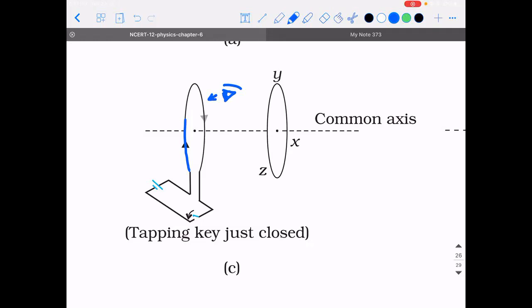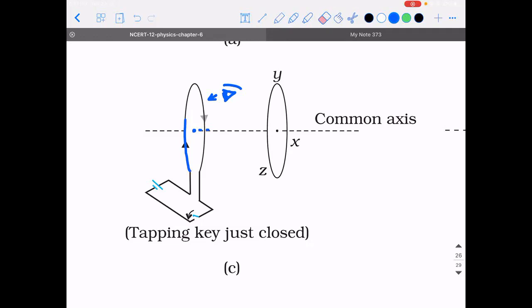Sir, anti-clockwise. Look clearly and see. Is it anti-clockwise? I told you yesterday, right? You need to look at the center. For whichever side you are able to see the center, the coil is turned on that side.